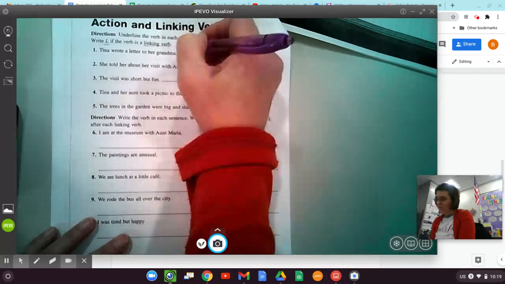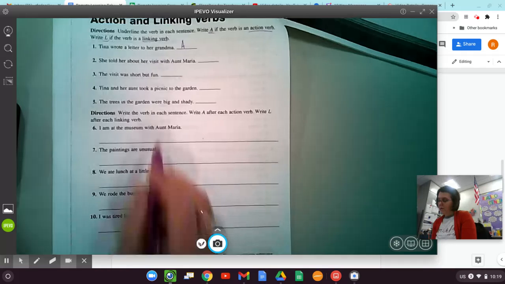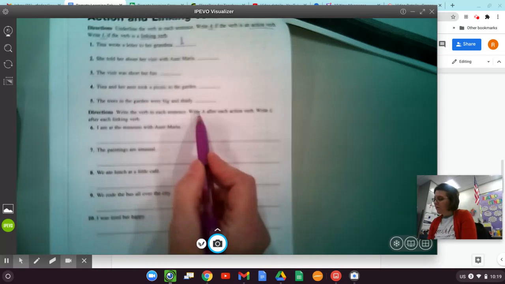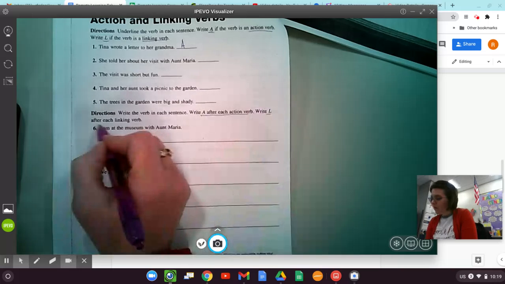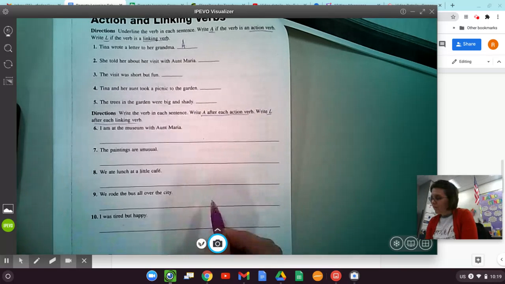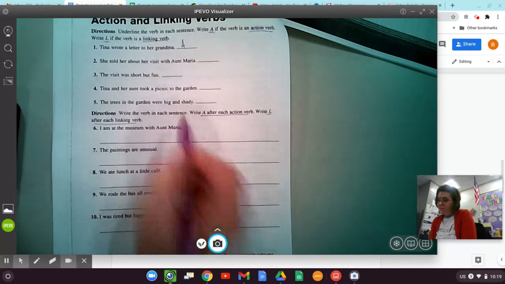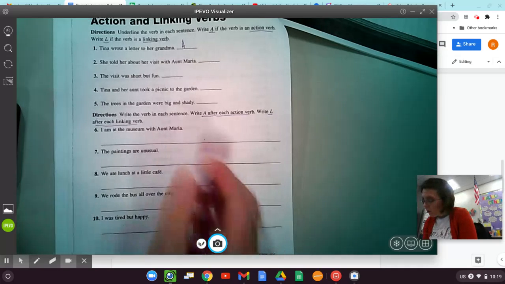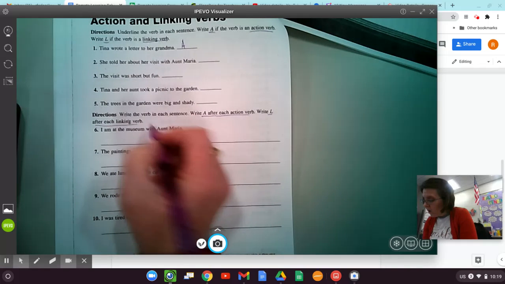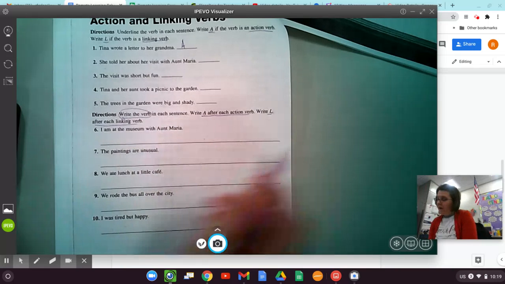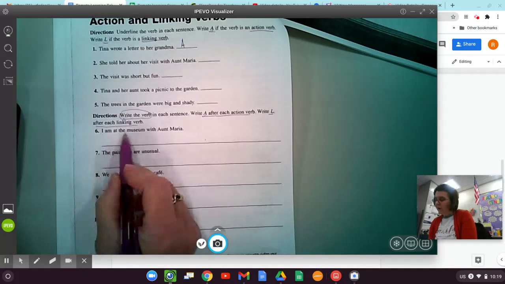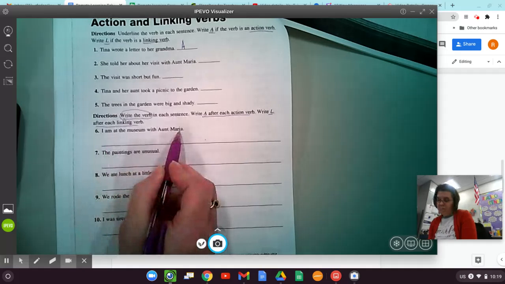Okay. Write the verb in each sentence. Write A after each action verb. Write L after each linking verb. So here you don't have to write the sentence. It says write the verb and then write A if it's action or L. So I am at the museum with Aunt Maria. What's the verb?